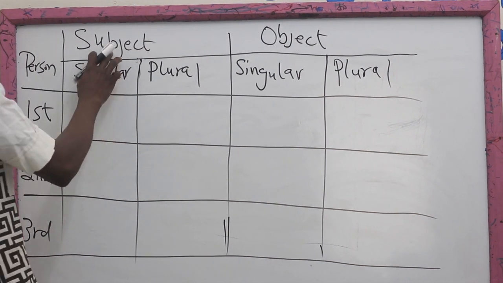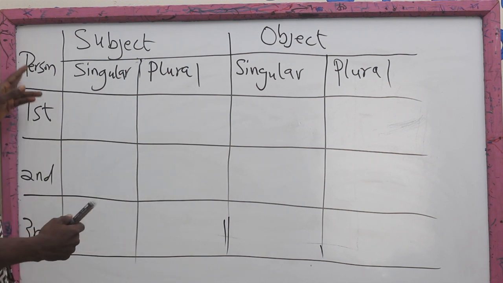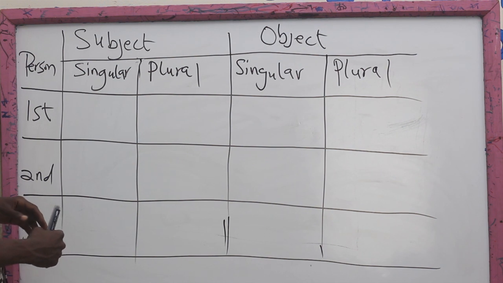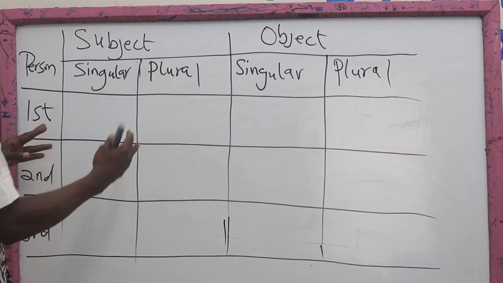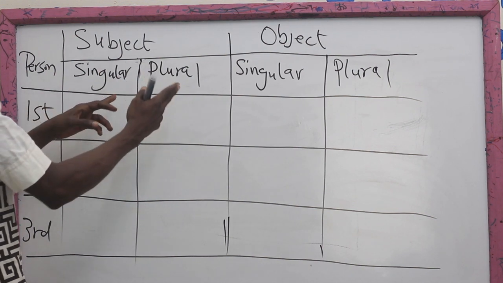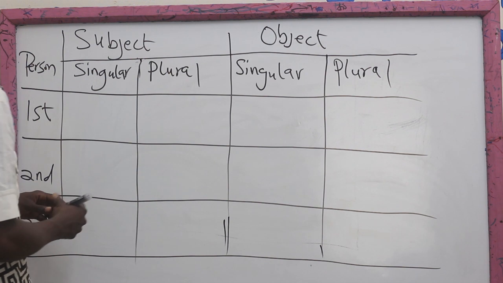We have the subject and the object and the persons. We have the first person, second person, and third person. And with the subject position, we will look at this subject in the singular and the plural form. And object, we will look at the same thing, object in the singular and the plural form.